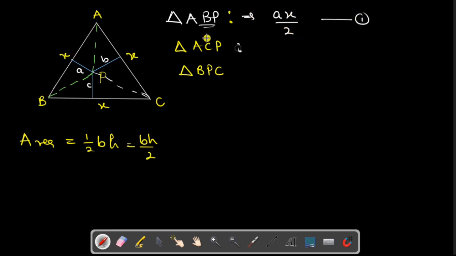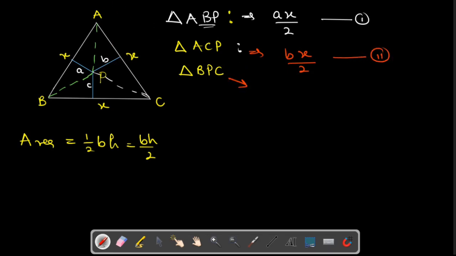For the triangle ACP, the area is also the height, which is b, times the base x, all over 2. Call this equation 2.